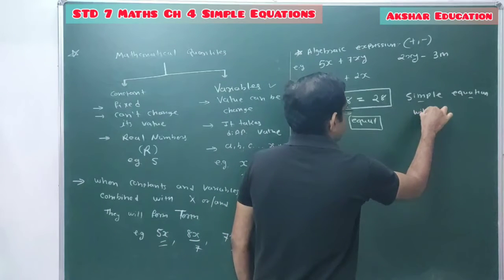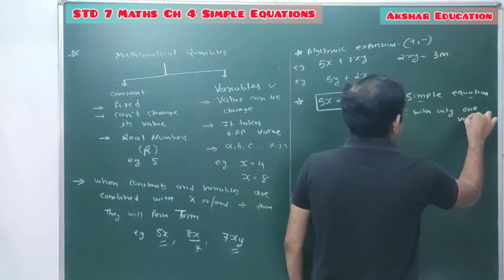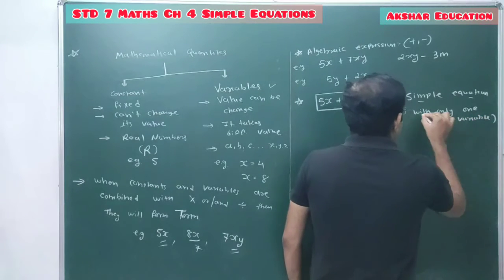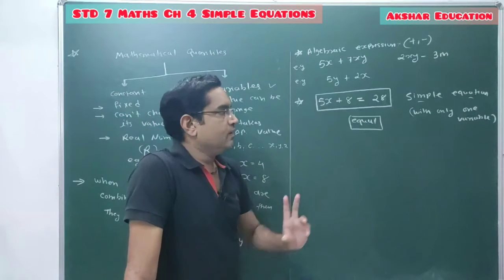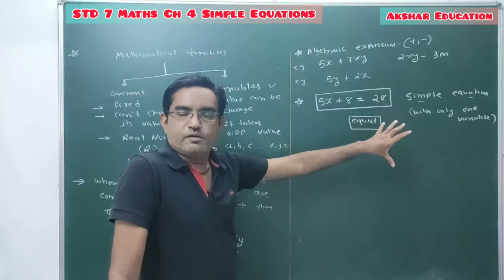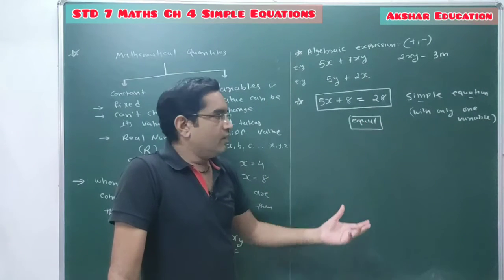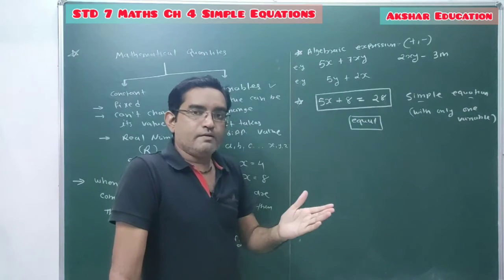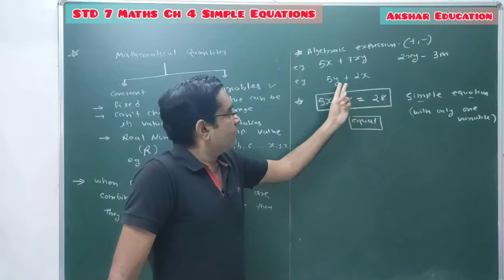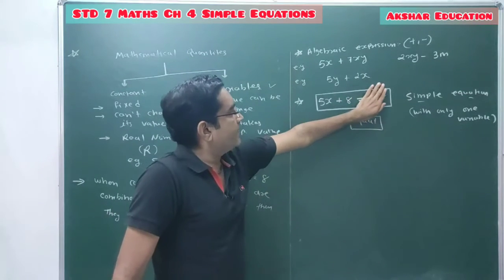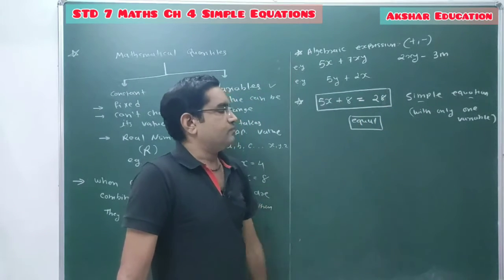The equation must have only one variable inside it. What is an equation? One which consists of an equal to sign. How can we form an equation? By comparing any algebraic expression with any condition. 5x plus 8 is basically one algebraic expression. By equating it with 28, we get an algebraic equation.